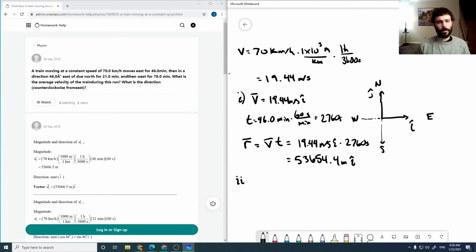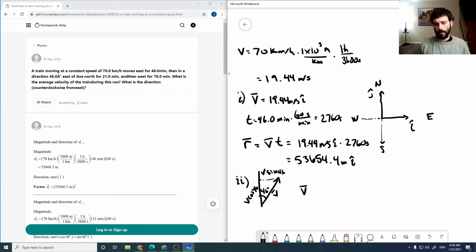Now for my second part, I'm traveling at an angle of 46 degrees east of due north. That's my angle, 46 degrees. There's my velocity vector, and I can decompose this into V cos 46 and V sin 46.